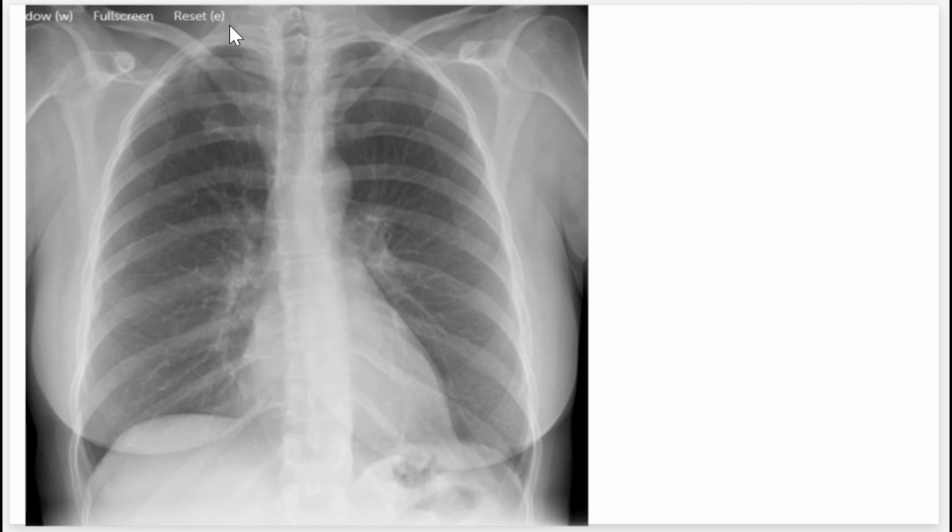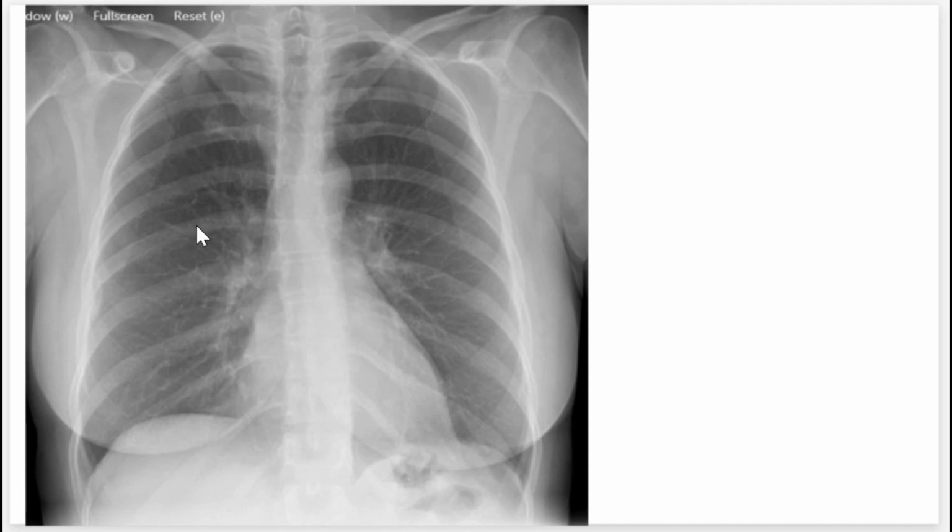So if we start to count the ribs, this is the first rib, second, third, fourth, fifth, sixth rib, normal, seventh rib, can you see this stepping?